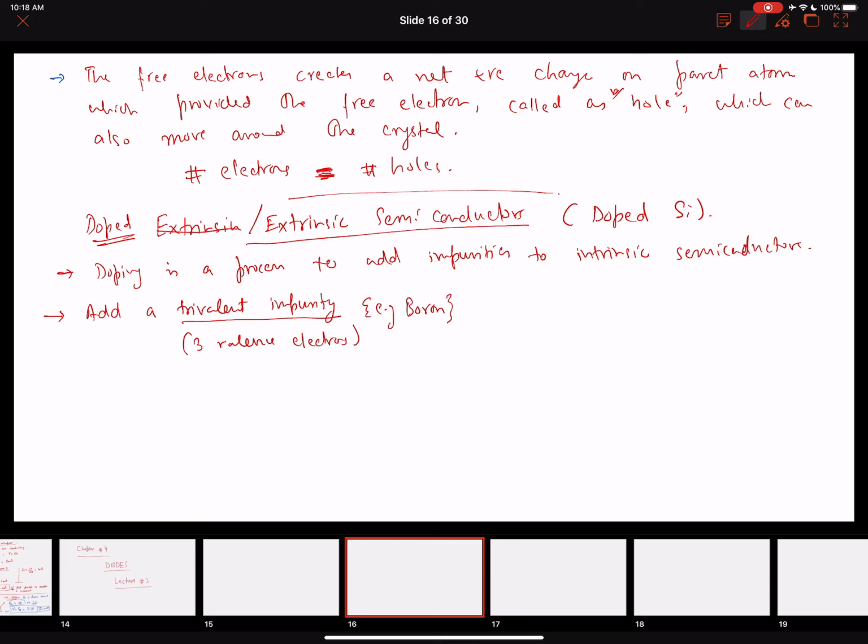Every boron atom has only 3 valence electrons in its valence shell. And how many valence electrons do we need to complete the orbit? 4. So essentially what do we have? We have one less electron available. So that will result in generating a hole.